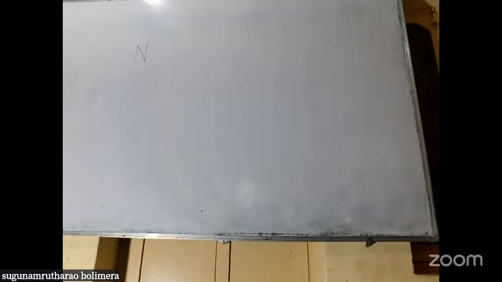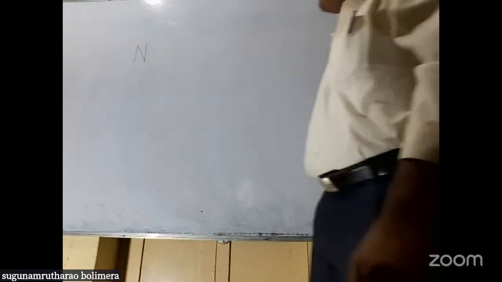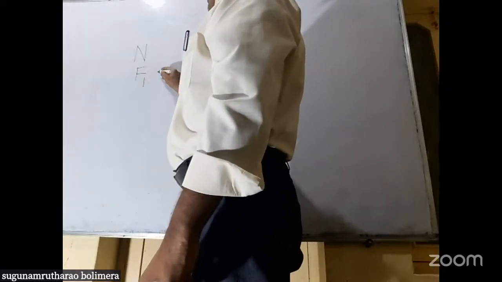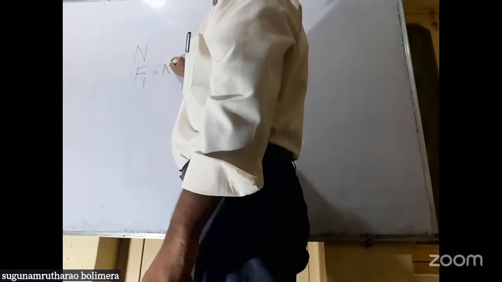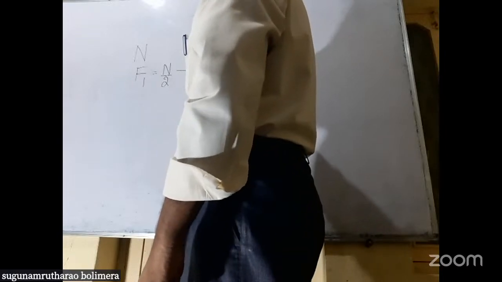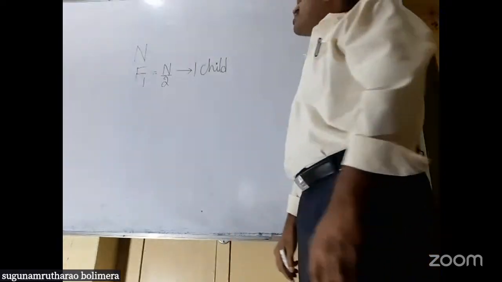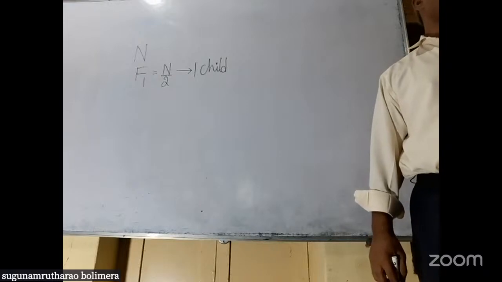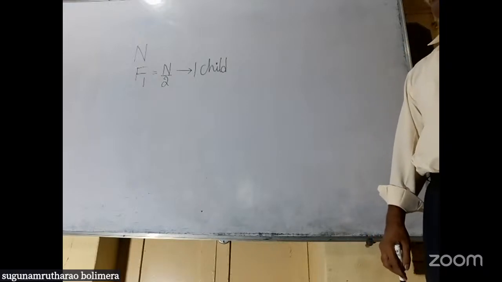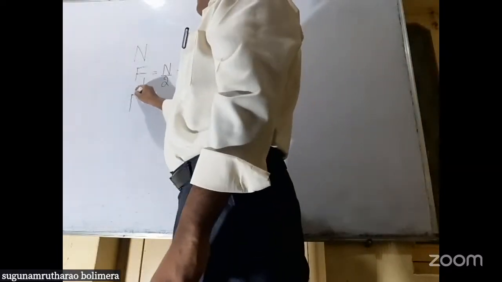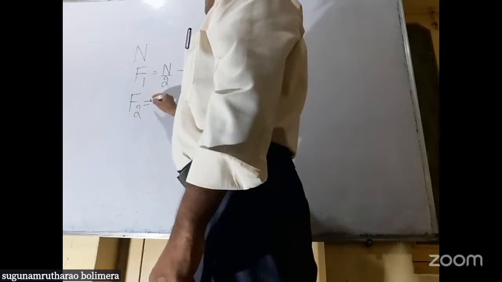The first group of families have a single child. First group means that you denote it as F1, and they are having one child per family. And the second group is F2.